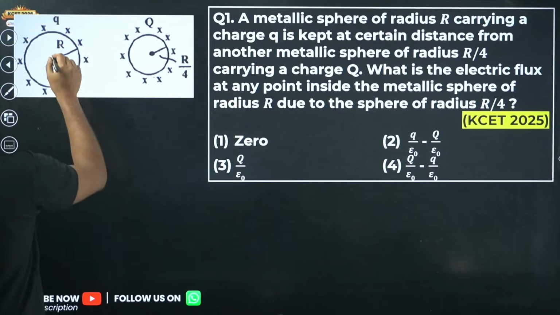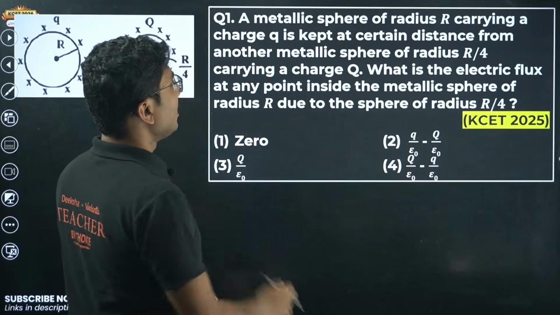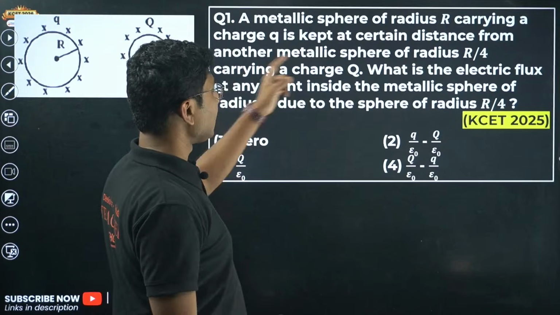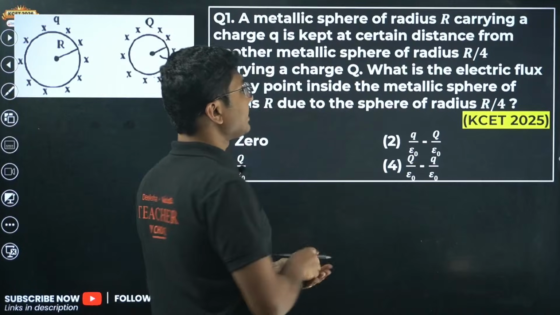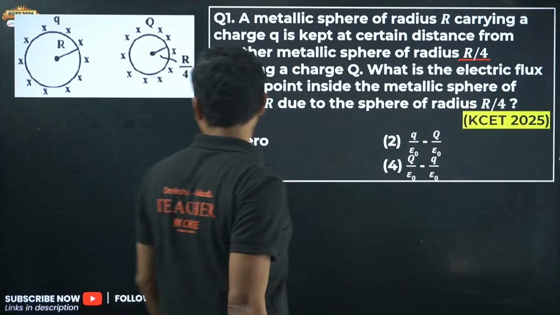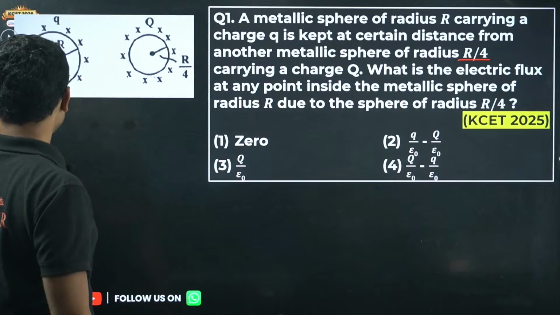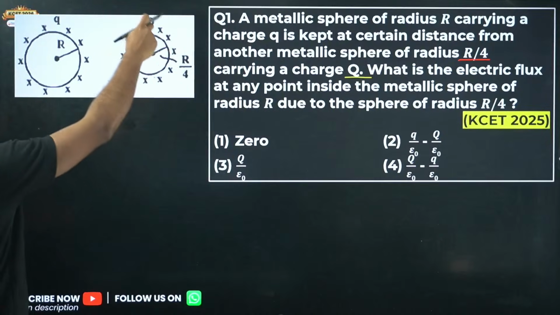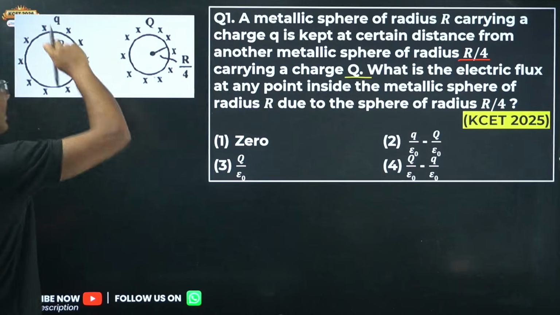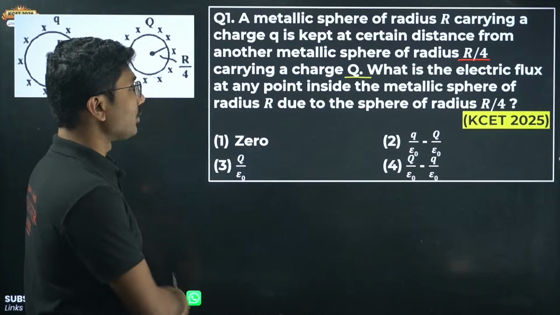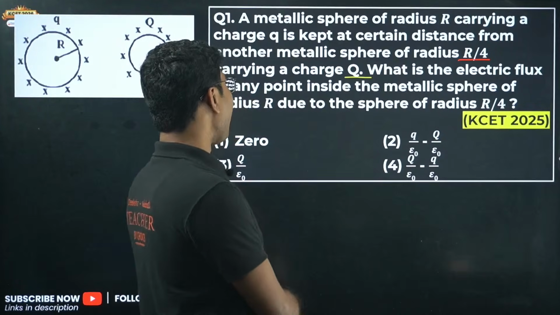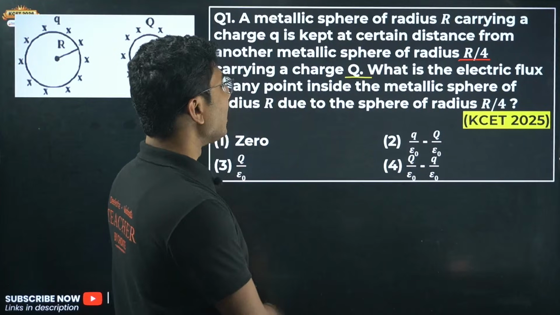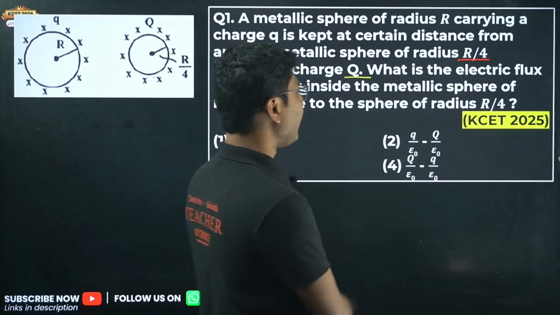Okay, so here we have 2 spheres. One is of radius capital R carrying charge small q, and another sphere of radius R by 4 carrying a charge capital Q. What is the electric flux at any point inside the metallic sphere of radius R due to the sphere of radius R by 4?